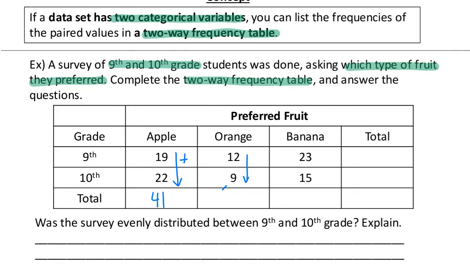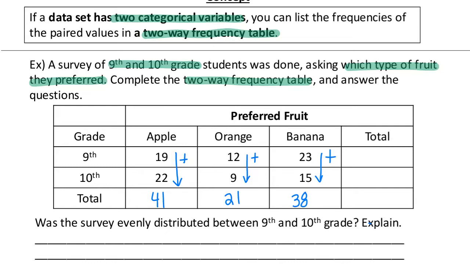And then if I add 12 plus 9, what is 12 plus 9? 9 plus 2 is 11, so that's going to be 21. And then if I add 23 plus 15, what is that? 38. So the columns, you add them vertically, top to bottom, okay?